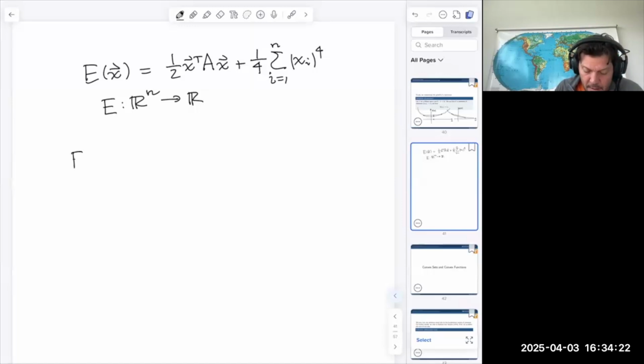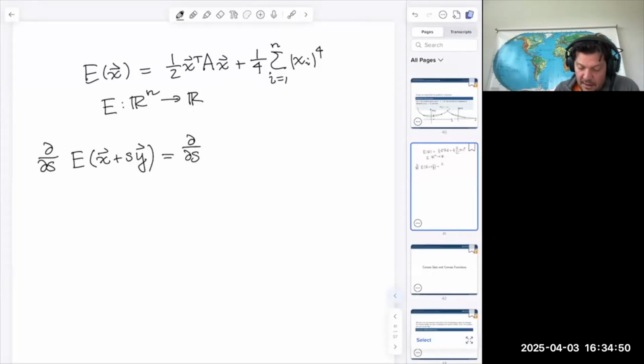So let's plug in x plus sy everywhere we see x, and then take the derivative with respect to s of this object.